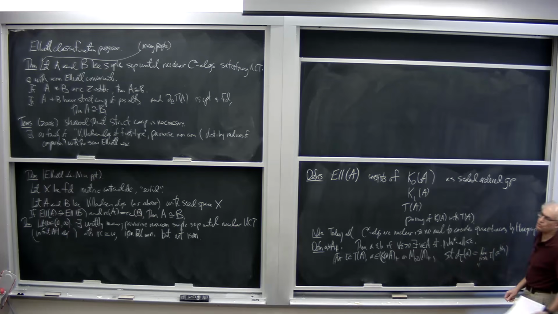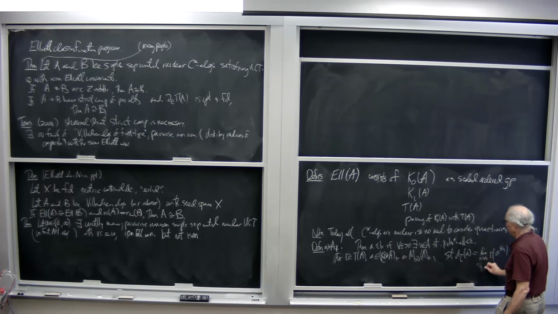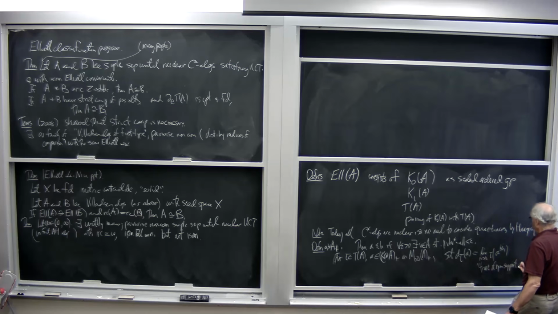This is basically the trace of the open support of a. And if A is C of X and tau comes from a measure mu, then in fact this number is the measure of the set of places where a is not 0.